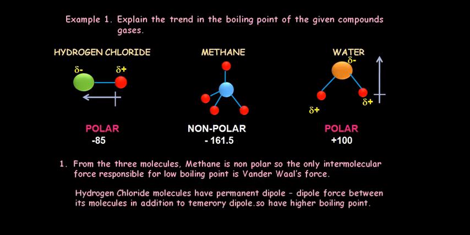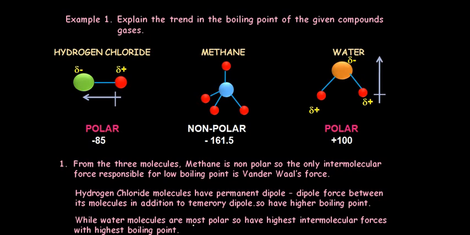But the HCl molecule, the hydrogen chloride molecule, has a permanent dipole-dipole force between its molecules in addition to the temporary dipole, that is the induced dipole or the van der Waals force. So because of this additional permanent dipole-dipole force, it has a higher boiling point. While water molecules are the most polar molecule because it has the highest intermolecular force between its molecules, and so it has the highest boiling point out of all these three molecules.